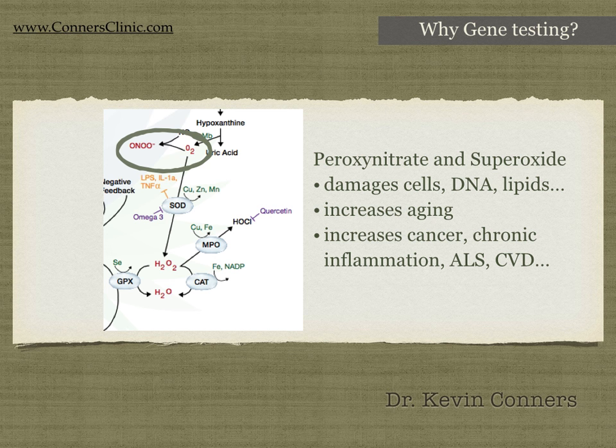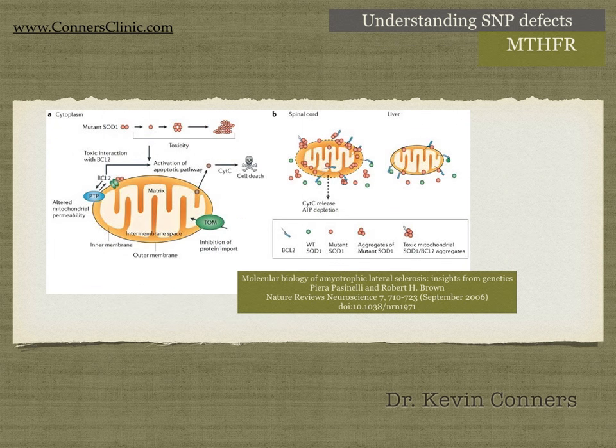Peroxynitrite and superoxide are damaging to cells, damage DNA, damage your lipid membranes, increase aging, and increase cancer risk. Chronic inflammation is a major player in ALS. It is a huge player in cardiovascular disease. So watch my nitric oxide presentation for that. It'll really help you understand that a little better.